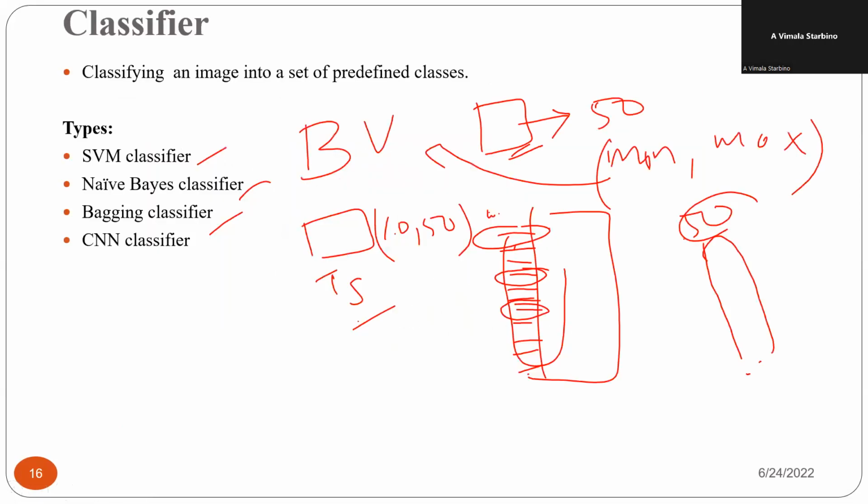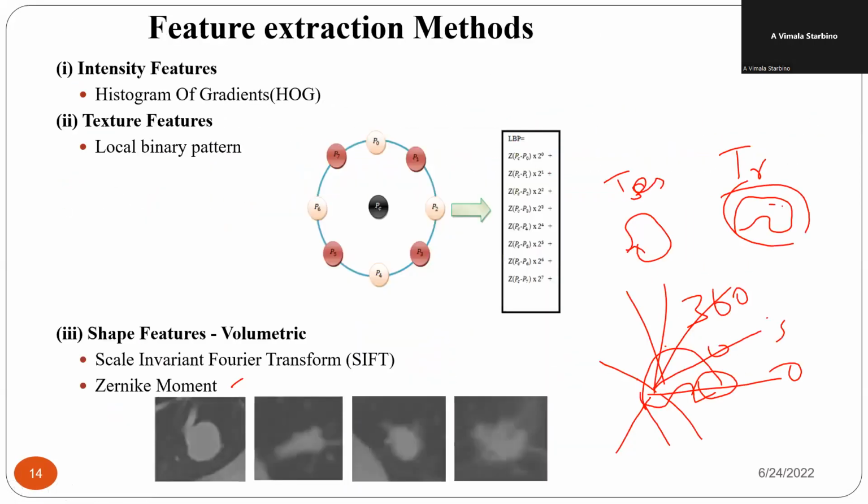Before this, once we extract the features, the next step is very important: feature selection. Feature selection is nothing but removing the repeated features and irrelevant features.